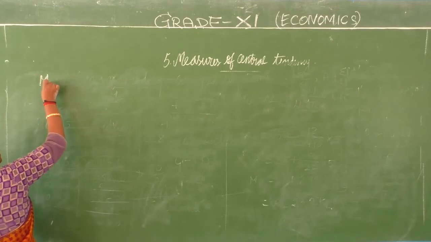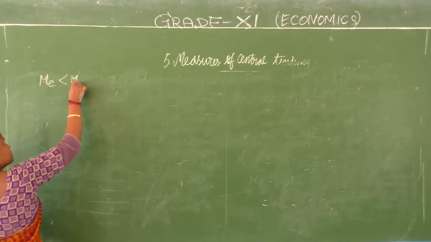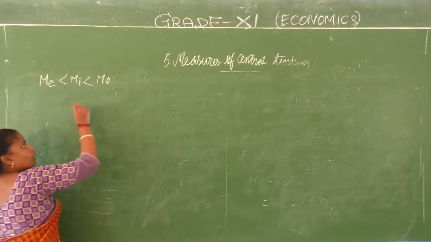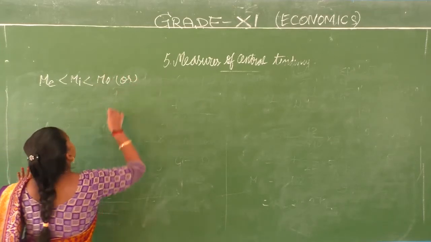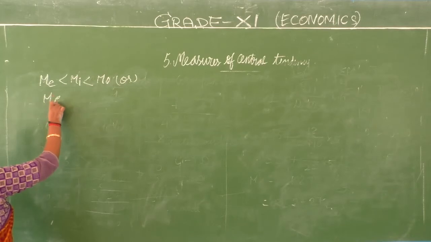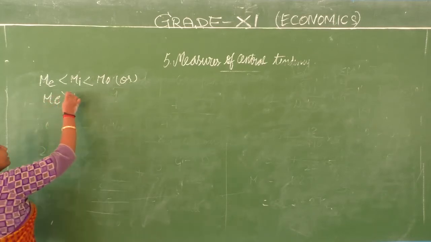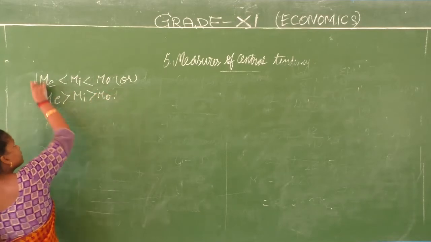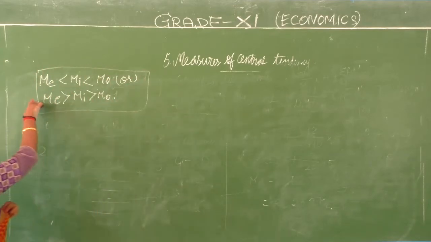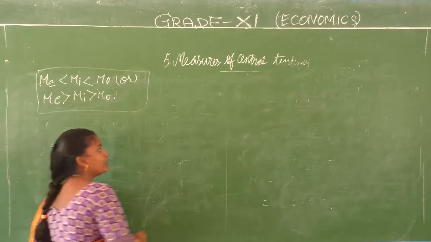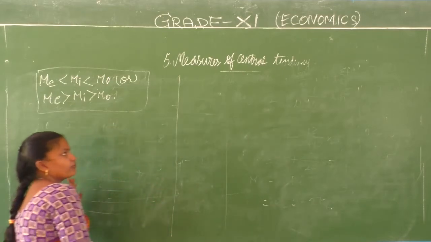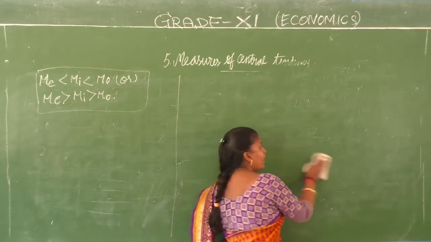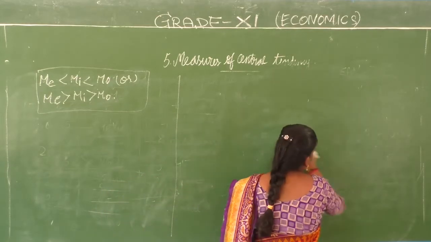We have either mean less than median less than mode, or mean greater than median greater than mode. We are just going to see a problem where this becomes applicable. First we are going to find our arithmetic mean, then we are going to find our median, then we are going to find the mode for the same problem.